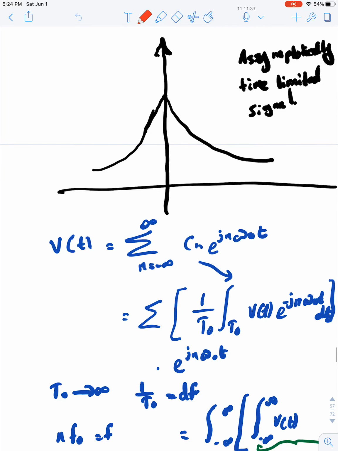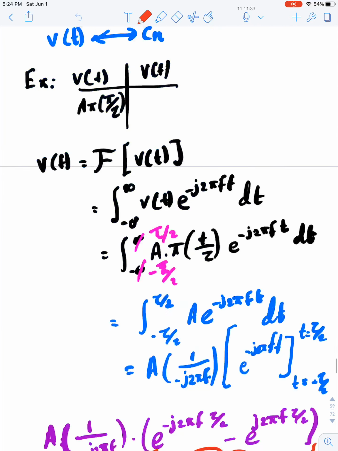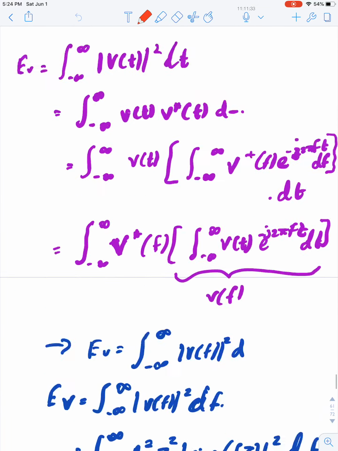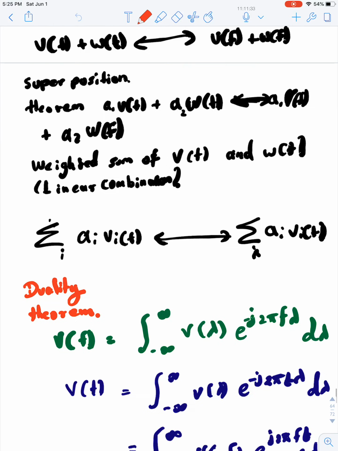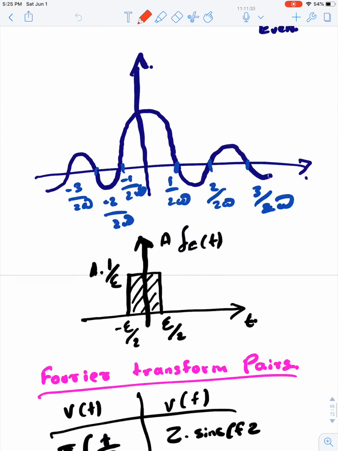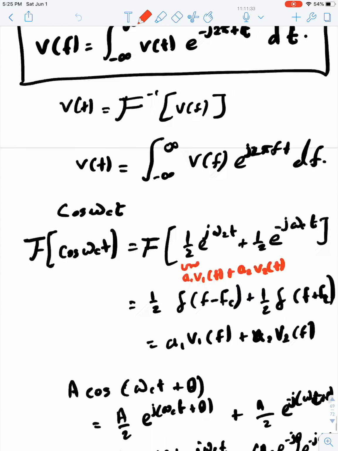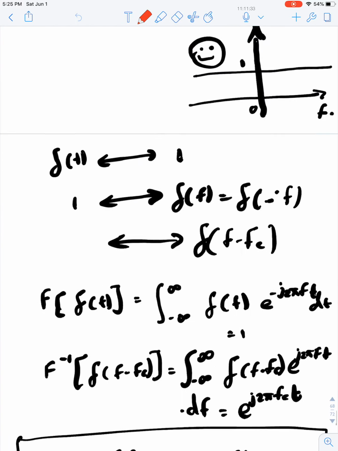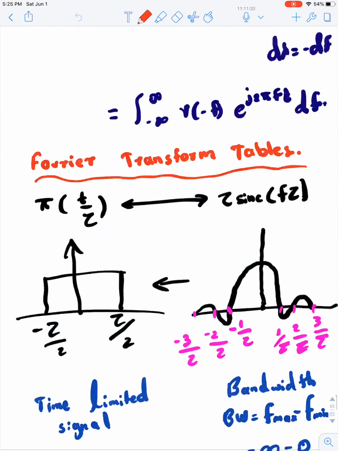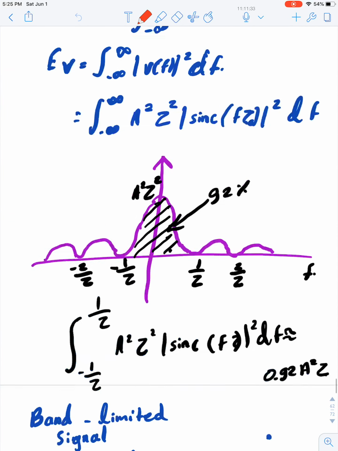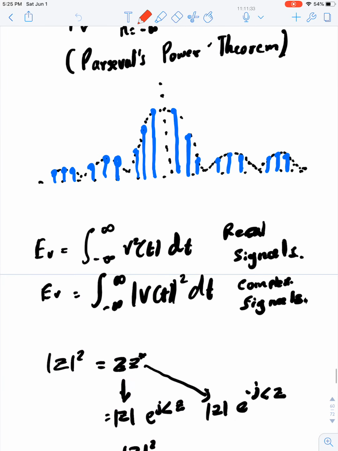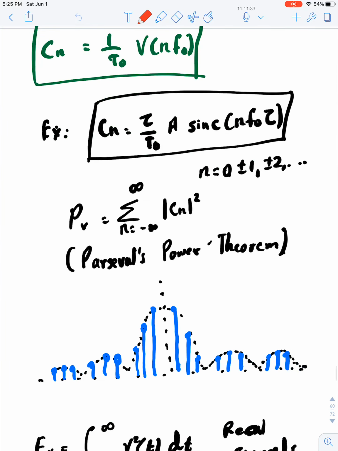It's after that. It's the second last lecture, Fourier superposition with Fourier transform pairs. Purcell's power theorem, yeah.